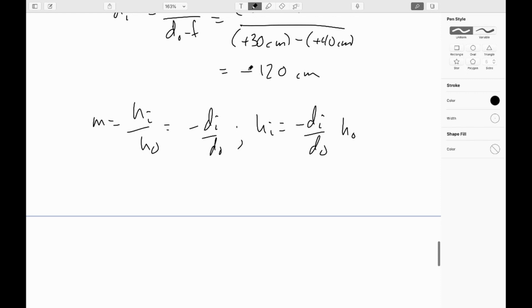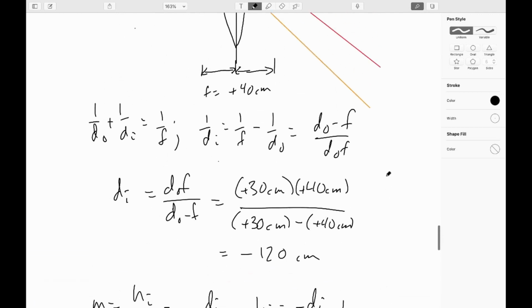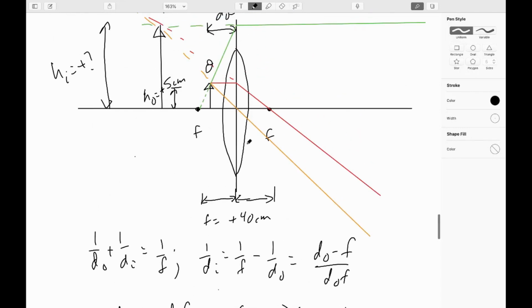Can't drop this one, can't drop that one. If you do, you won't get the right answer. So we get that the image height is minus 120 centimeters over 30 centimeters times plus 5 centimeters gives me plus 20 centimeters. And again, it's not the best artwork that I've ever drawn, but the answer is consistent-ish with it.